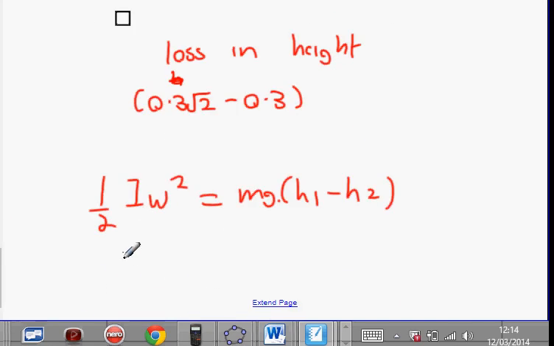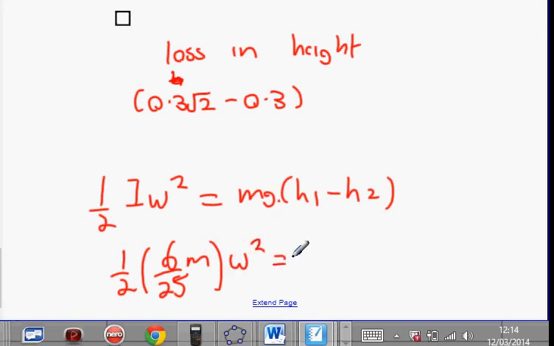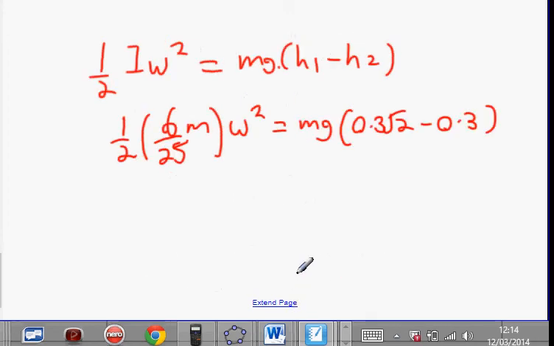So what we're going to do is a half I, now I is 6 over 25 m, 6m over 25, omega squared equals mg times 0.3 root 2 minus 0.3. Let's see what we can cross off both sides, okay? So we can cross the m off both sides.